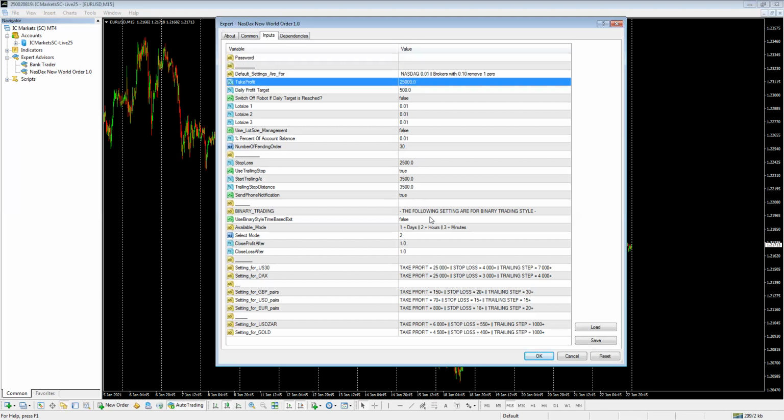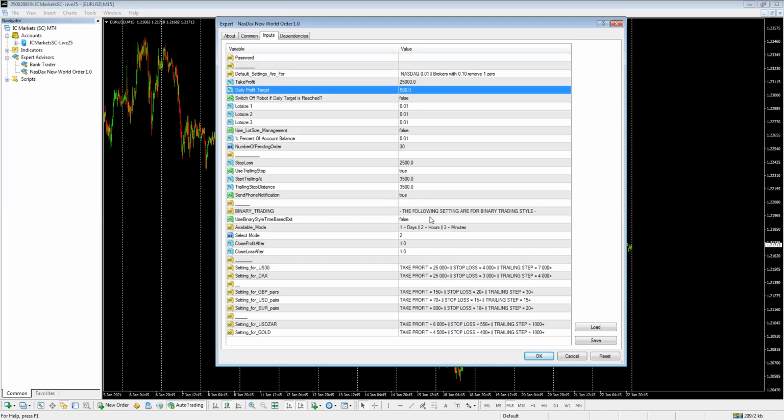Now, one thing I also want to specify is the daily target. When you set a daily target, what I always recommend is this. You have this account with a certain balance. Before you decide what your daily target is, first ask yourself, how much are you willing to lose in 1 day on your account?